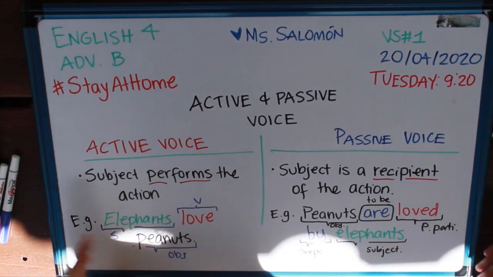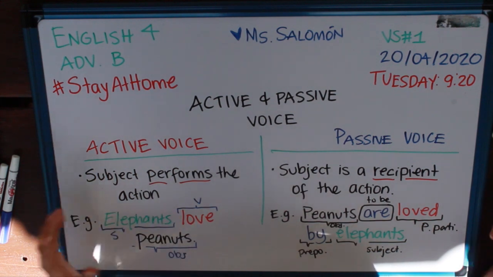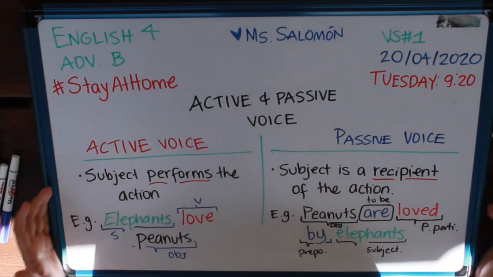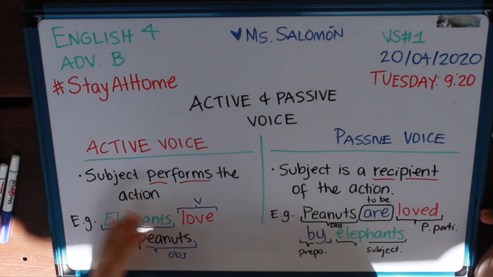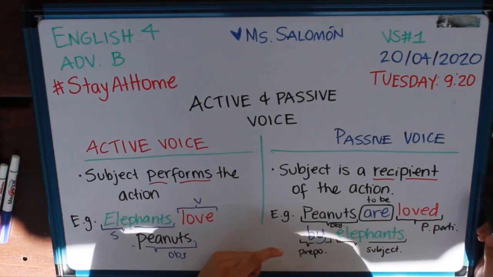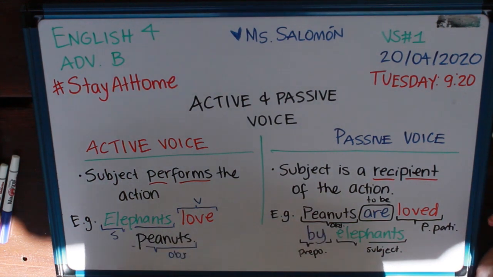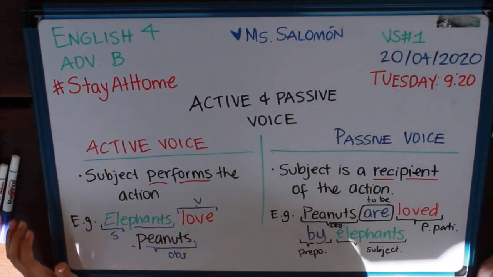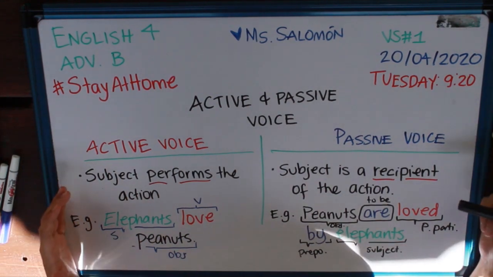Now notice that both sentences are saying the same thing, but the emphasis on who's doing what is different. Here we're emphasizing the fact that elephants love peanuts, while here we're emphasizing the fact that peanuts are loved by elephants.